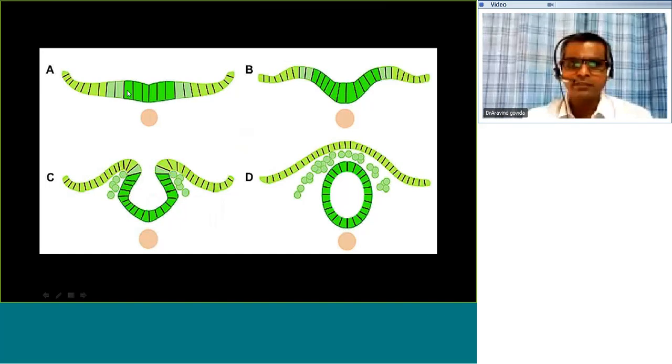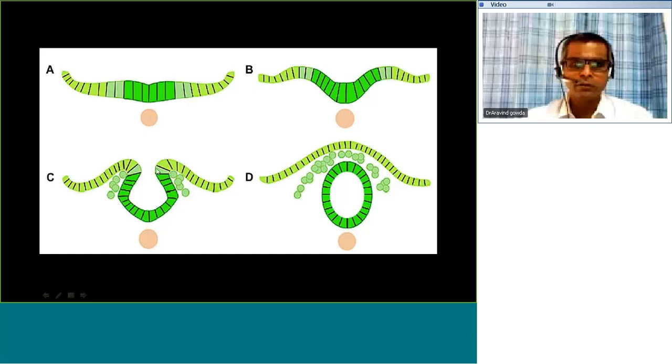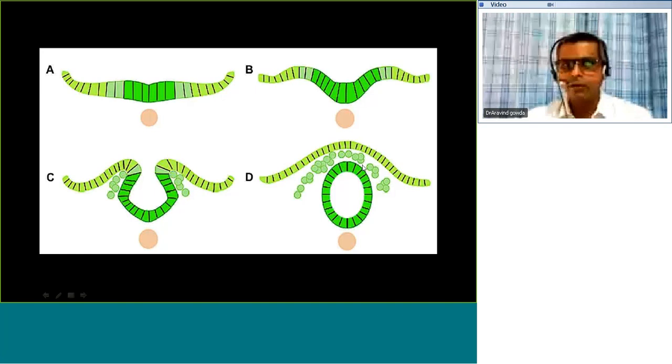That is the thickening of the epiblastic cells forming the neural plate dorsal to the notochord. This neural plate folds upon itself to form the neural folds. The neural folds fuse together to form the neural tube. Once the neural tube is formed, the epidermal cells, which are actually formed from the neuroectoderm, disjunct from the neuroectoderm, and the mesodermal cells position themselves in between the neural tube and the epidermal cells.